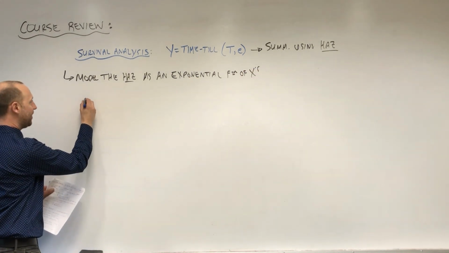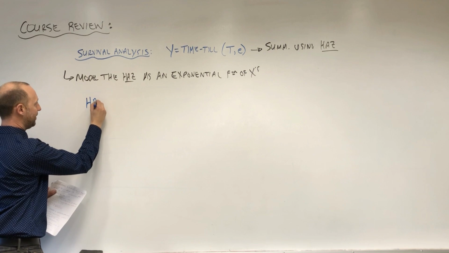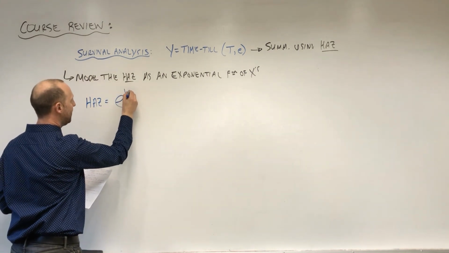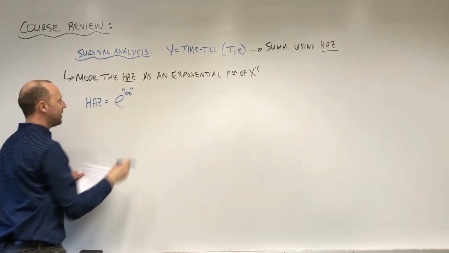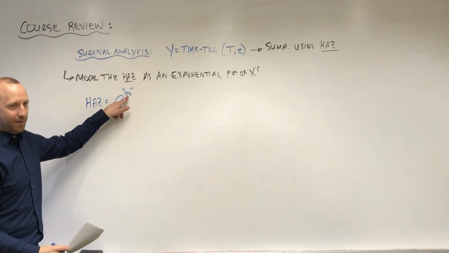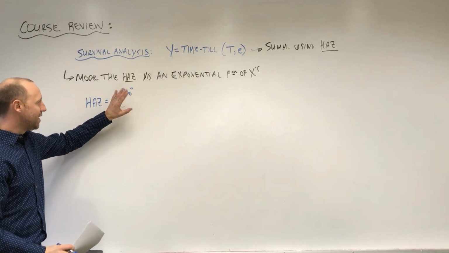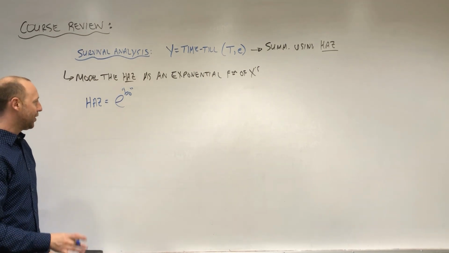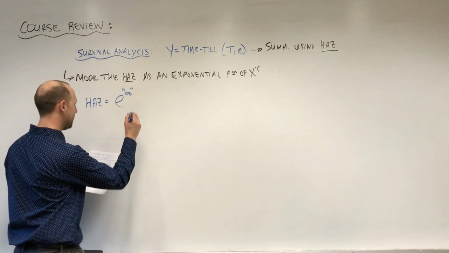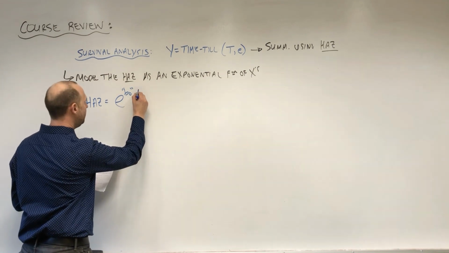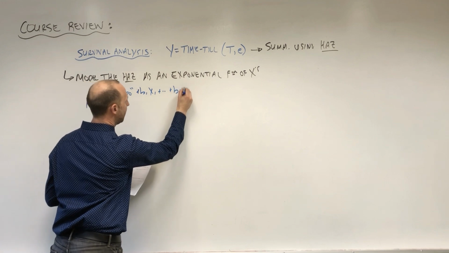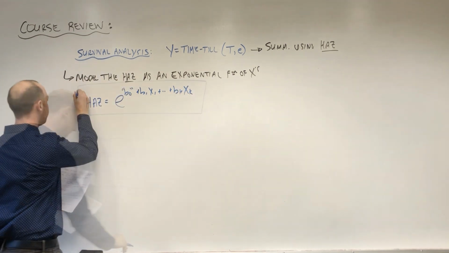So we can be modeling the hazard as e to the "b naught", and I'm going to put that in quotes. We talked a bit about how the idea of the intercept changes depending on exactly what model we're using. So let's just put it in quotes there. b naught plus b1 x1 all the way up to bk xk.